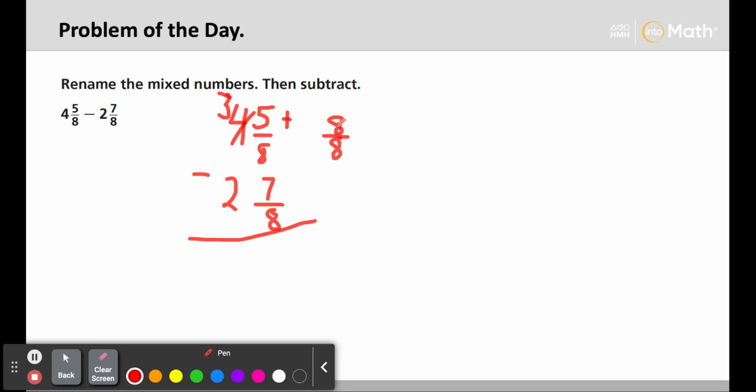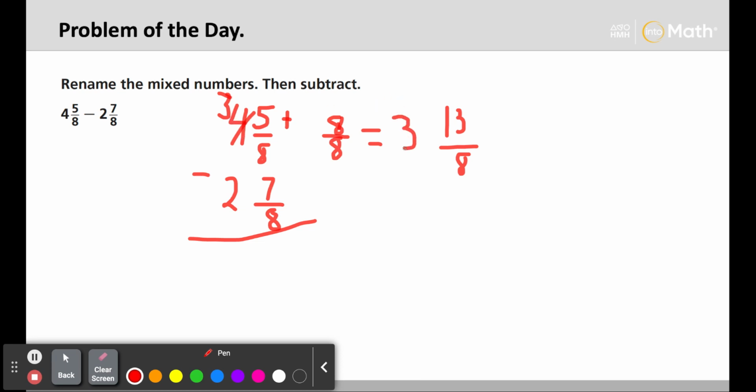So I take the whole and I've got to add it to this 5/8. So 5 plus 8 equals how much? 13. So I write the 13. My numerator becomes 13, and we never change this denominator, so it stays the same. Now my whole number is no longer 4, but it's a what?